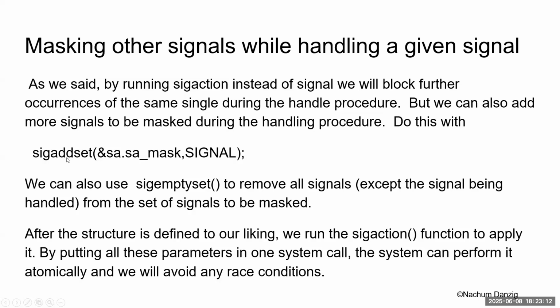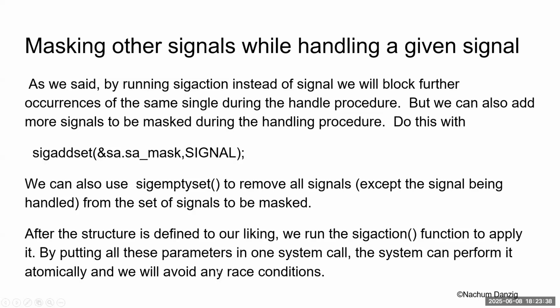Do this with sigaddset. In other words, we add to the set of things that we block, a particular signal. We can also use sigemptyset to remove all signals except the signal being handled. After the structure is defined to our liking, we run the sigaction function and apply it.